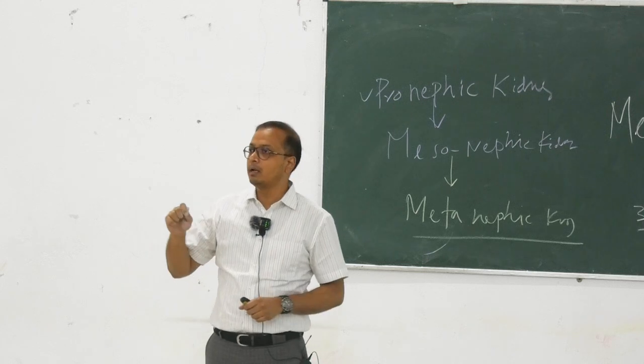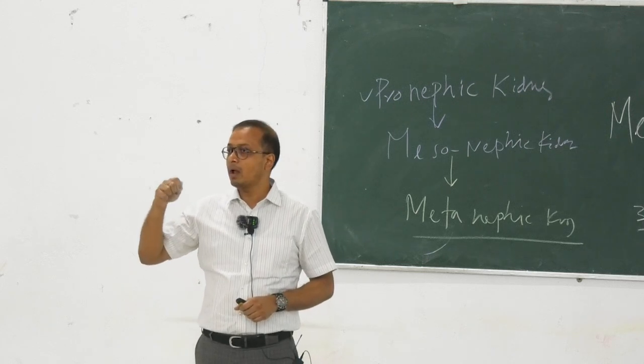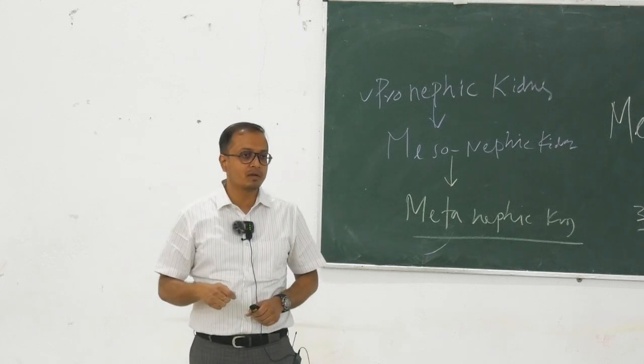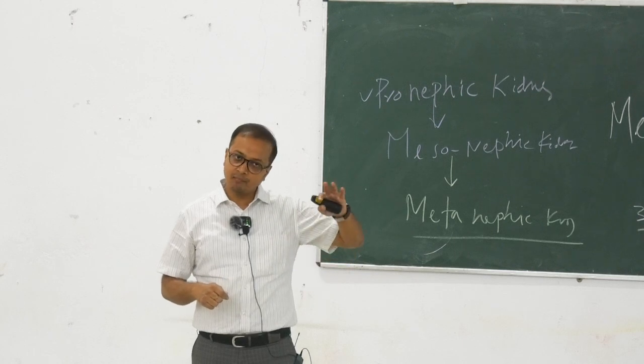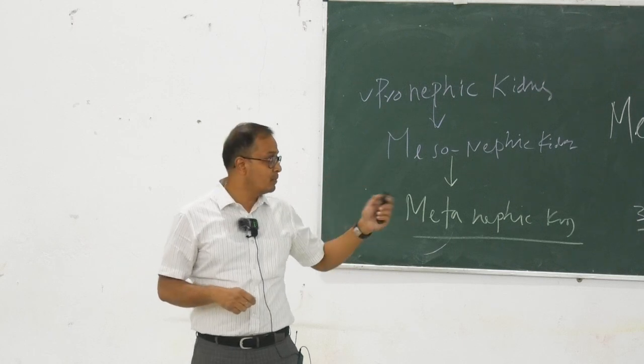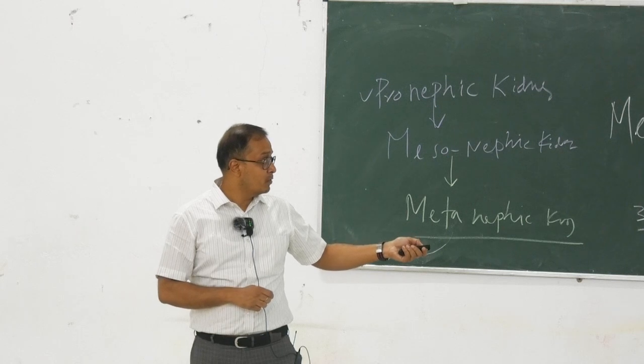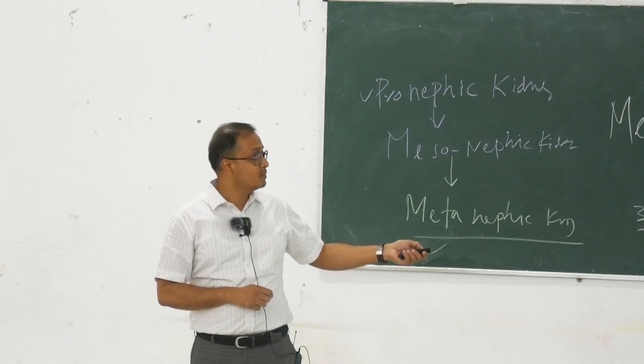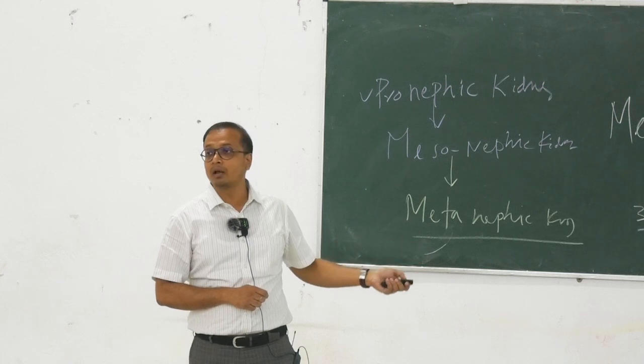These kidneys, as we get the advanced versions with progression of time, develop in different regions of the developing embryo. In this embryo, this is the head end, this is the tail end, and this region is the neck end. The oldest form of the kidney develops in the cervical region.